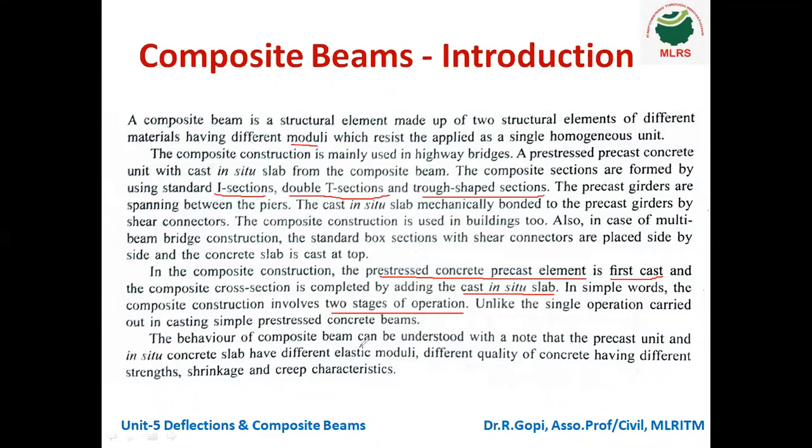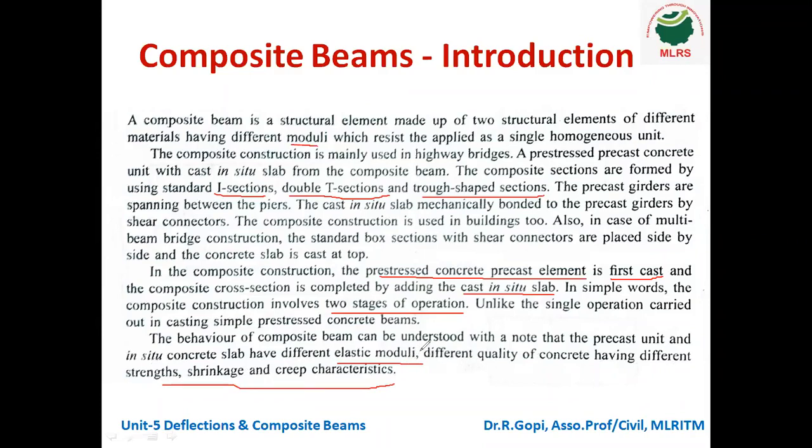The behavior of composite beams can be understood with a note that the precast unit and the in situ concrete slab have different elastic moduli, and different quality of concrete having different strength, shrinkage, and creep characteristics.